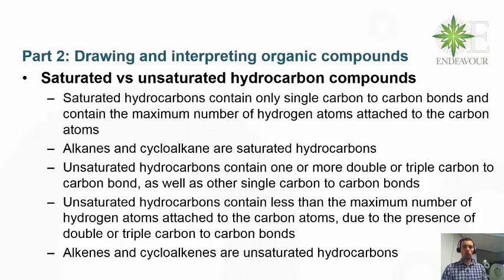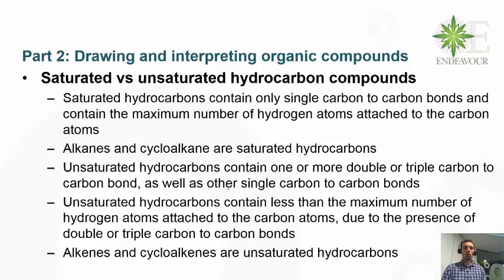Most recently, we've been looking at the differences between saturated and unsaturated hydrocarbons. If it's saturated, it's only got single carbon-to-carbon bonds, meaning the maximum number of hydrogen atoms can attach to the carbons in the structure. And we saw that there were alkanes and cycloalkanes in this group. Whereas the unsaturated hydrocarbons, those are the ones that contained multiple carbon-carbon bonds, so either a double or triple carbon-carbon bond.